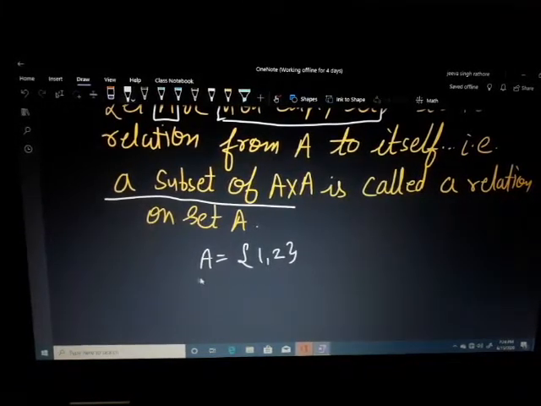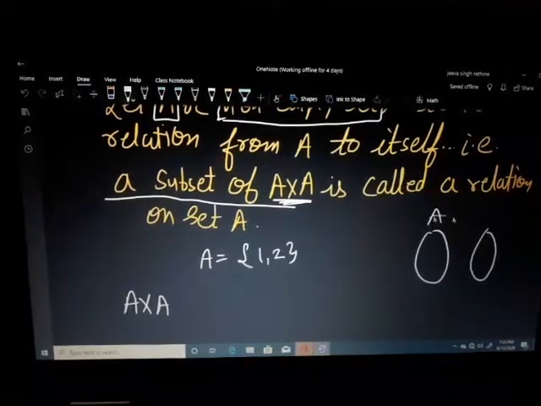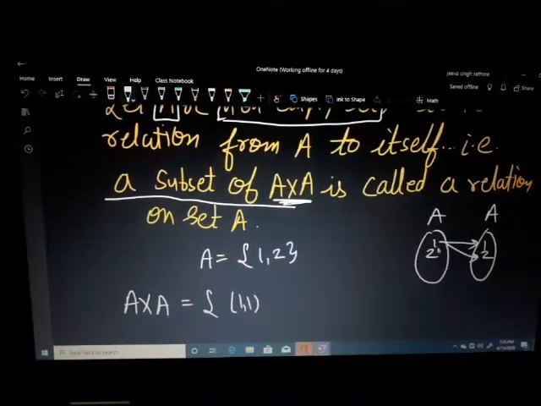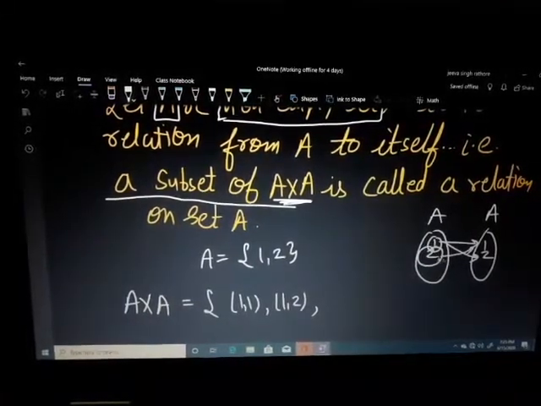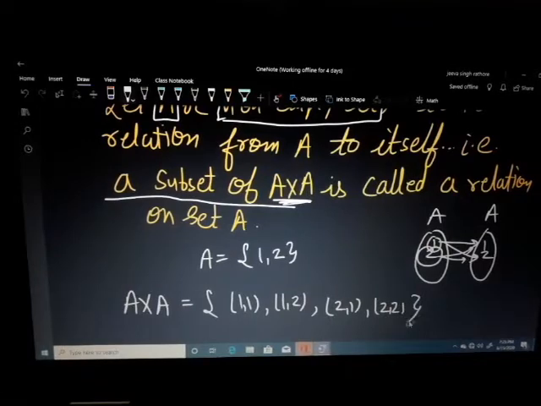If you want to find A cross A, that is set A with set A. Connect 1 with 1, 1 with 2, giving the ordered pairs (1, 1), (1, 2). Next, 2 with 1 and 2 with 2, giving (2, 1), (2, 2). This is A cross A, and a subset of it is a relation on set A.